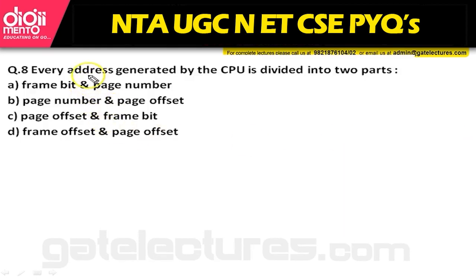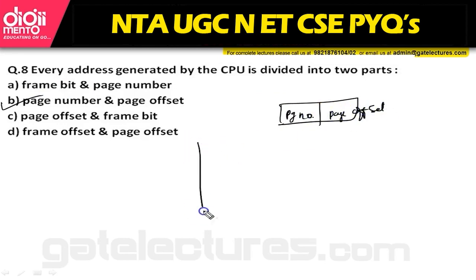The next question says every address generated by the CPU is divided into two parts. We know that. What are those two parts? Frame bit and page number, page number and page offset, or frame bit and frame offset, or page offset. So the answer is B here: page number and page offset. I maintain pages for my processes.